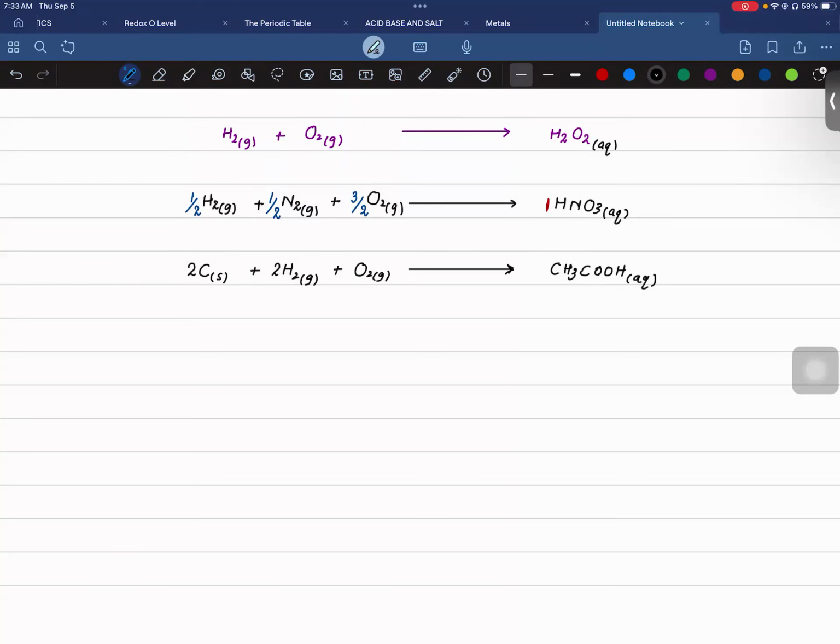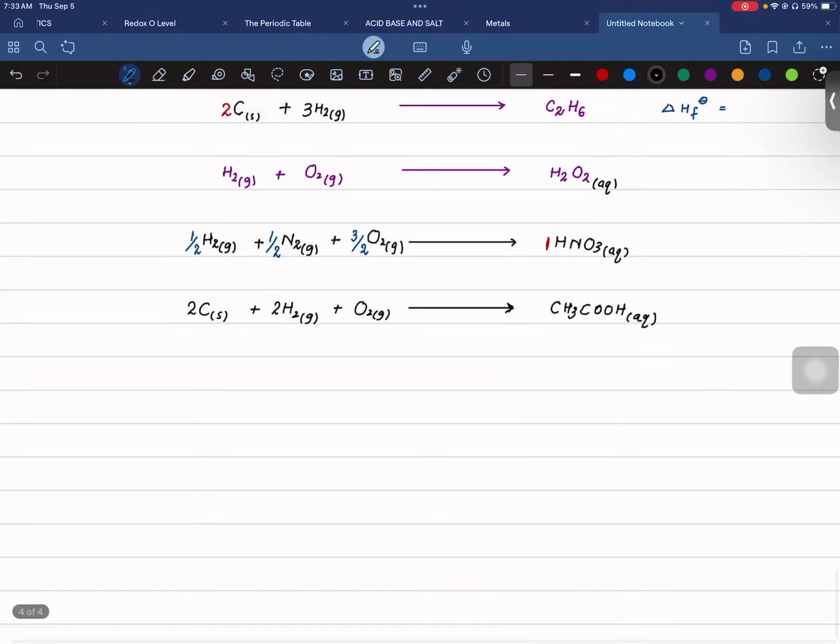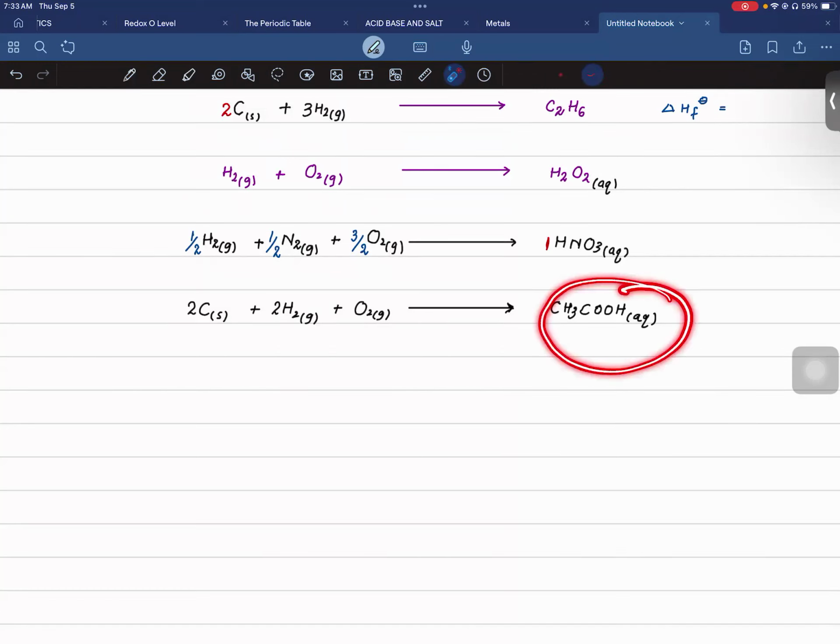Sir? Can you repeat why we did not write 2O2? Because in this product I have 2 oxygens. I need to have 2 oxygens.